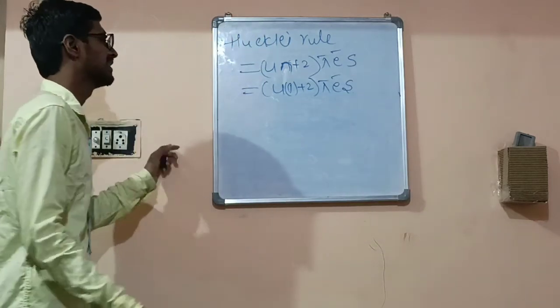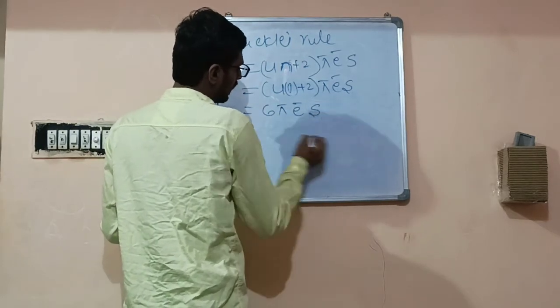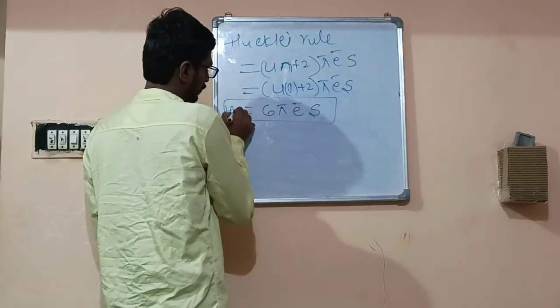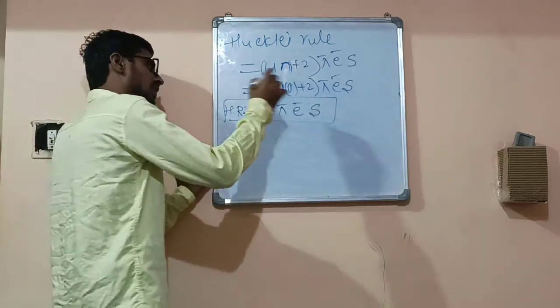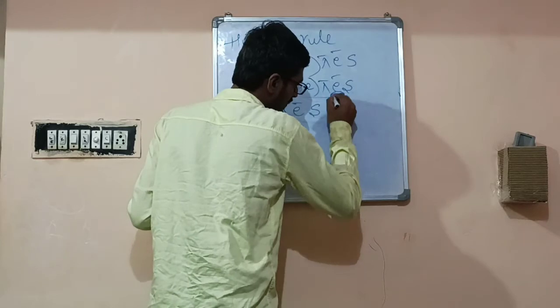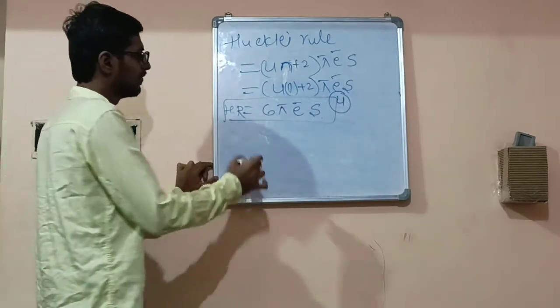Then it becomes 6 pi electrons. Again it satisfies Huckel's rule, the fourth rule for aromaticity of benzene.